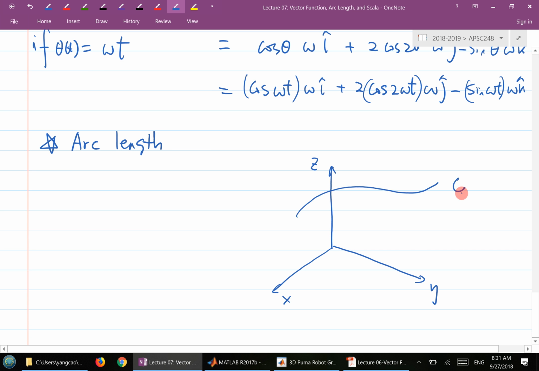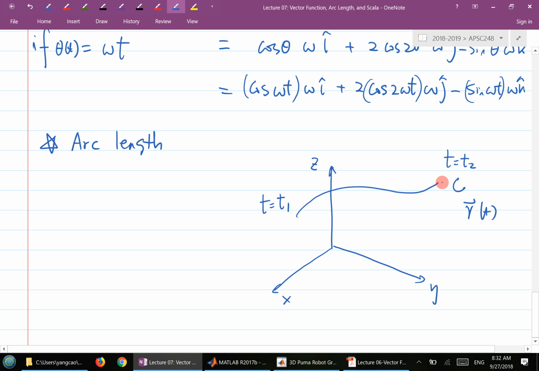Let's say I have a curve C given in 3D space, starting from t equal to t1 and ending at t equal to t2, and it has a parametric equation r of t. What I'm interested in is the total arc length for this curve C from t equal to t1 to t equal to t2.